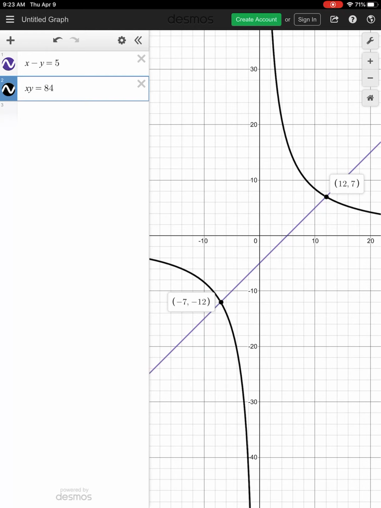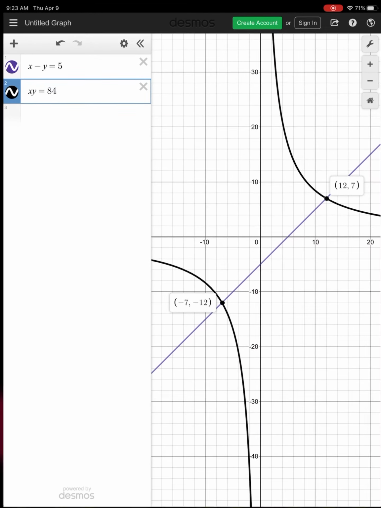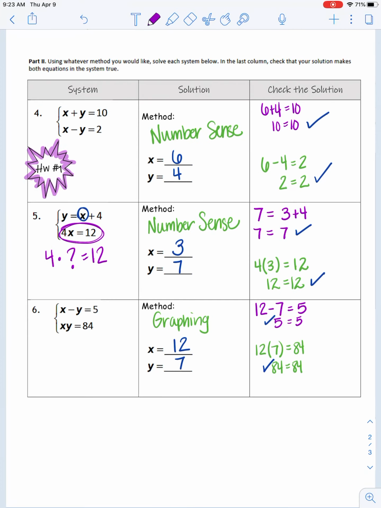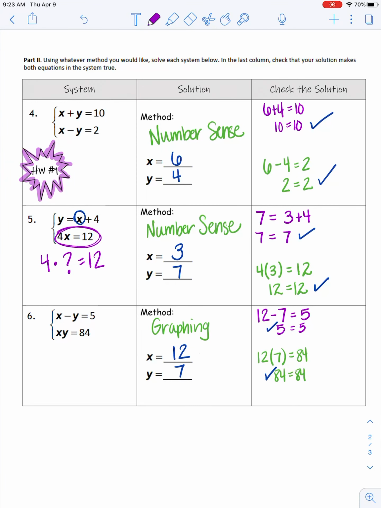So we really should check that and make sure that that works as well. So I'm going to go back. And actually, let me make sure. -7, -12. Okay. So I am also going to write -7 and -12. And let's go through and check those.